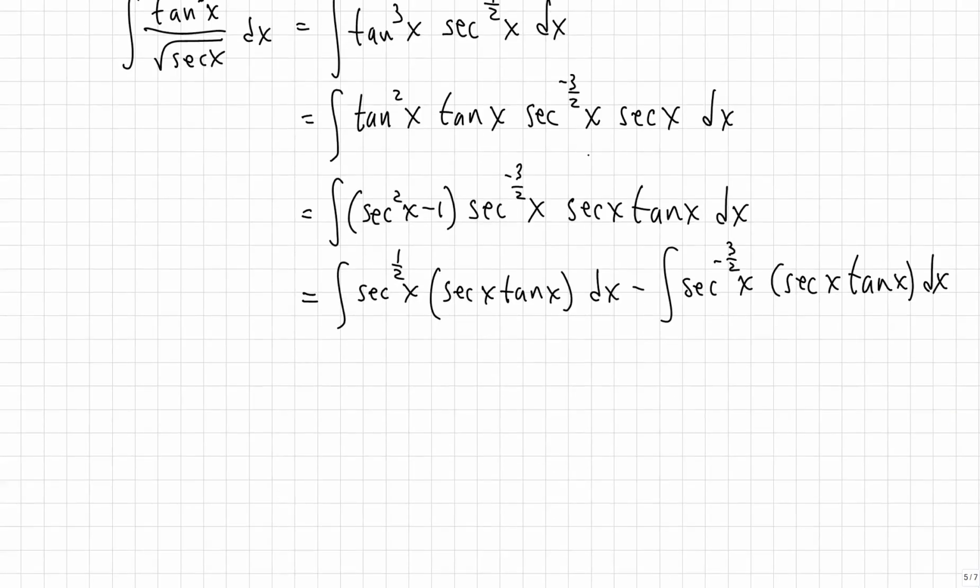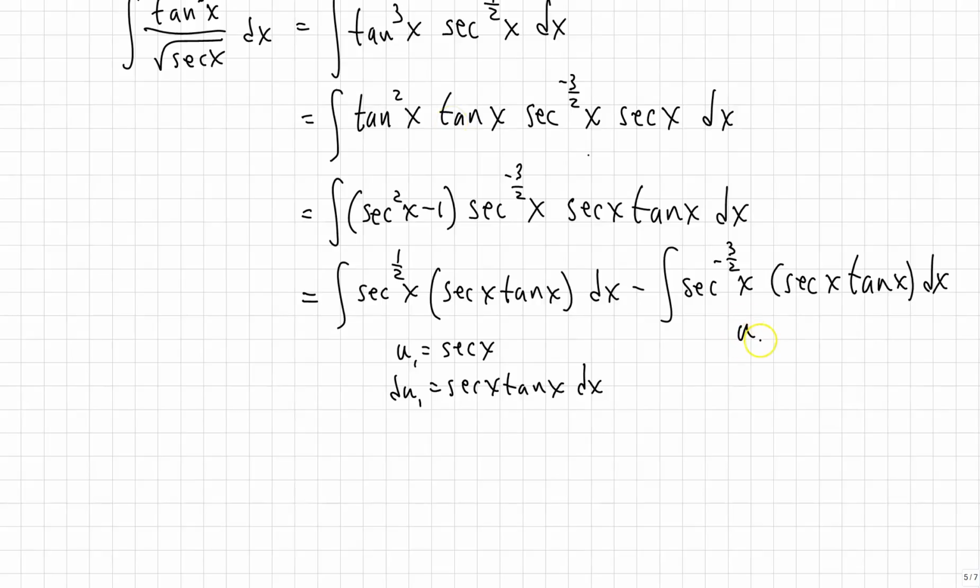And that way, if you let u equal secant, then du will be secant tangent, which we have now. We have that because we split up the secant to the negative 1/2 into secant to the negative 3/2 and secant to the first. And we created the single tangent by taking the 3 tangents we started with and writing it as 2 of them times another one.